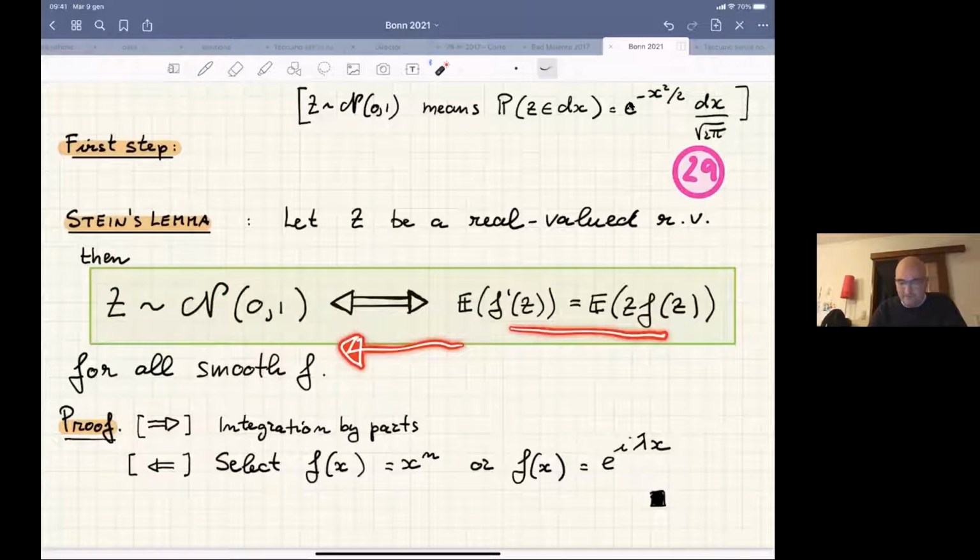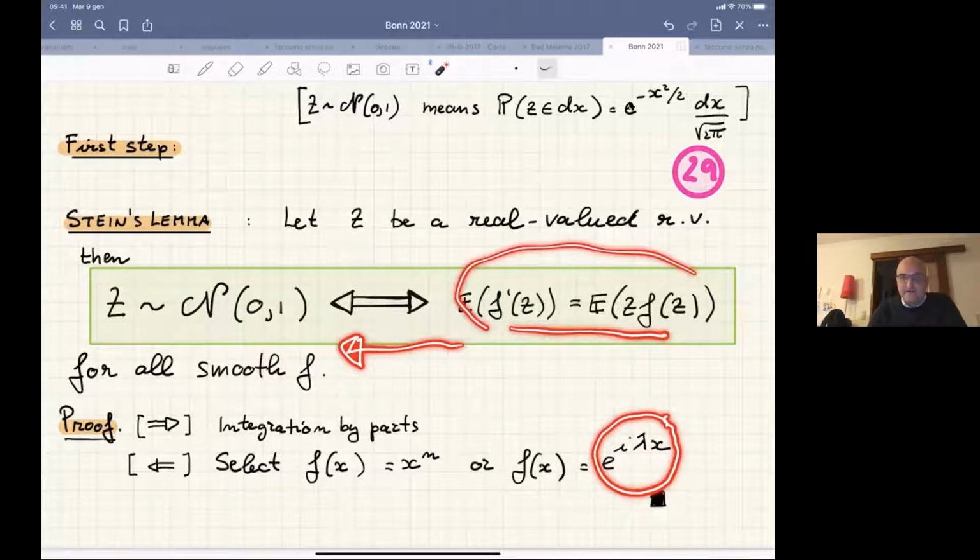You can choose f to be a monomial, and in this case, this relation gives you a recursive relation for the moments of the Gaussian distribution, which is determined by its moments. Or you can choose for f a complex exponential, and in this case, this relation gives you an ordinary differential equation, which is satisfied by the characteristic function of Z. And the only solution of this ordinary differential equation is the characteristic function of the Gaussian N(0,1) distribution.